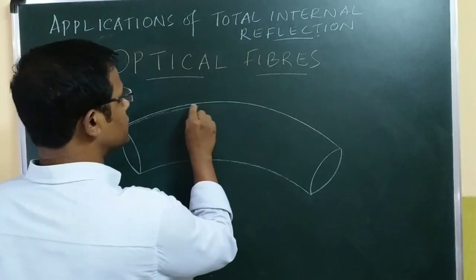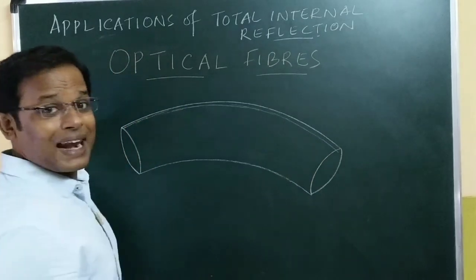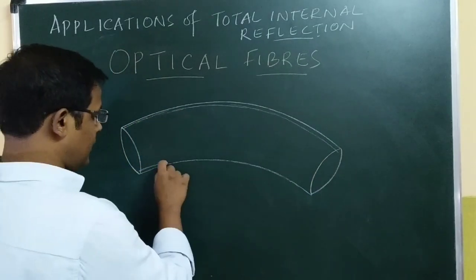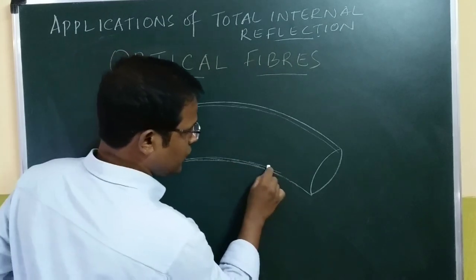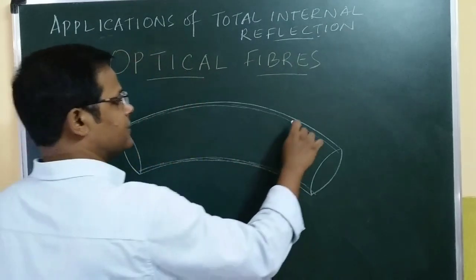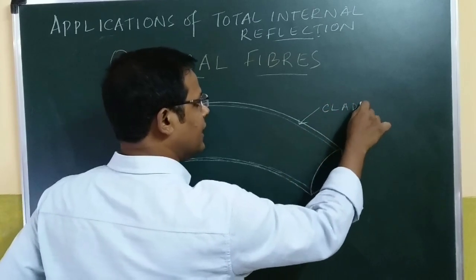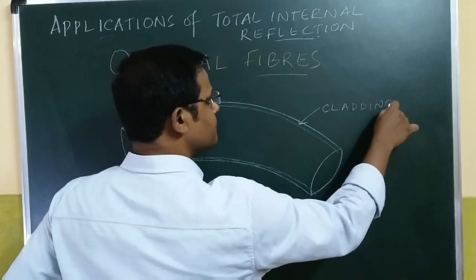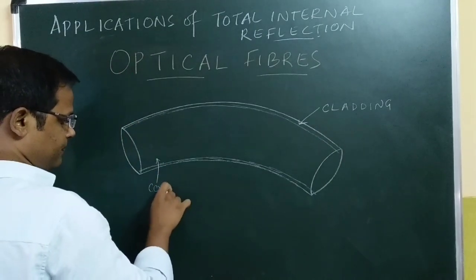One is the outer part, which is generally called the cladding, and the inner part is called the core. Yes, this outer part is called the cladding and this inner part is called the core.